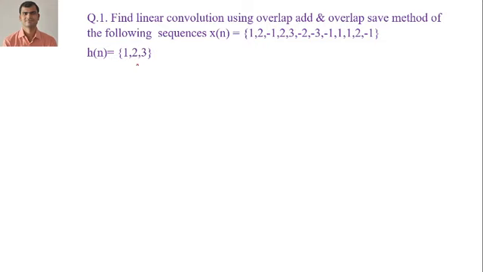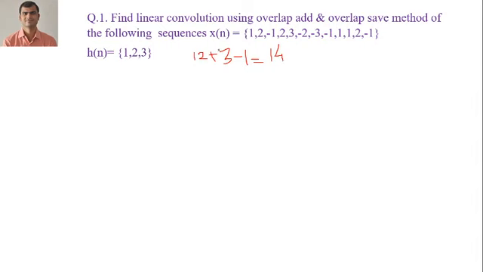For a linear convolution, it is equal to samples of x of n plus samples of h of n minus 1. So here 12 plus 3 is 15, minus 1. That means the output sequence will have 14 samples.